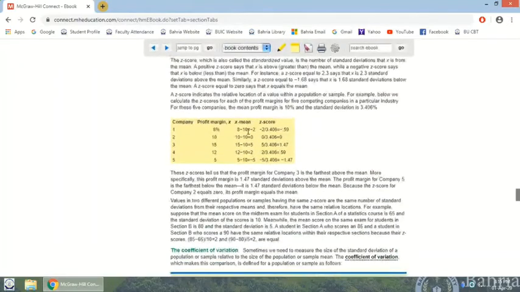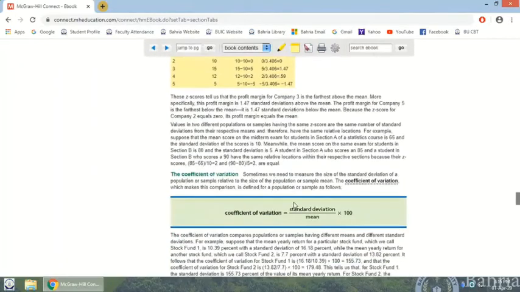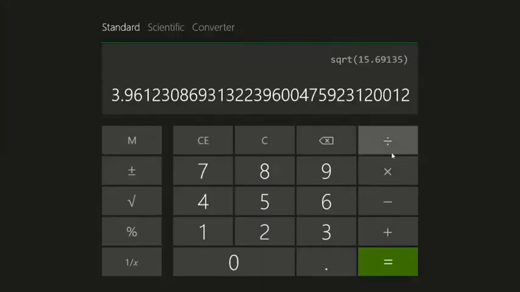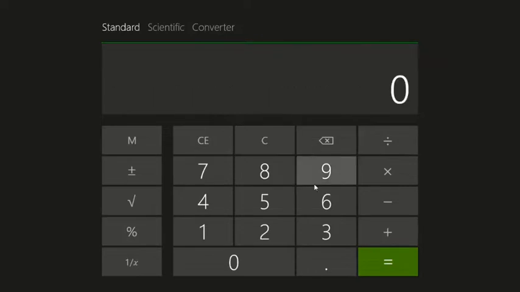We had a mean of 10 here, and the standard deviation was 3.406. So 3.406 by the mean, and this is 34% because we multiplied with 100.